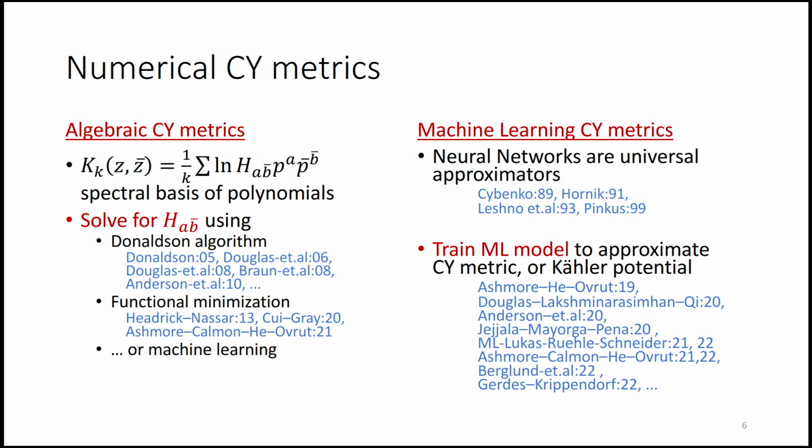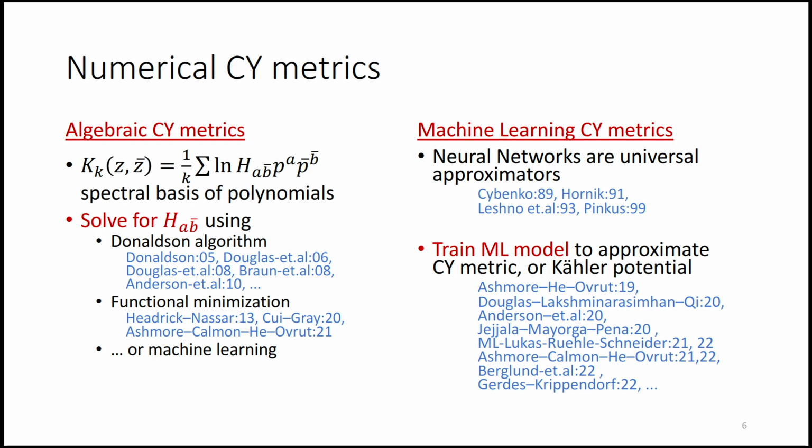Now, in machine learning, there is actually no need to use this particular expansion or this particular form of the metric. One can do so, but one does not have to, because there are theorems in theoretical machine learning that tell you that neural networks, which are the basic component of these machine learning methods, are universal approximators, which means that they can approximate any function if they are complex enough.